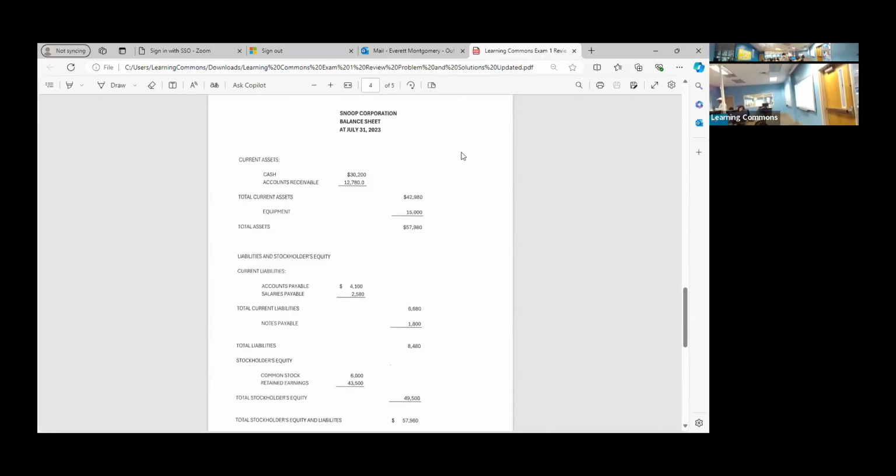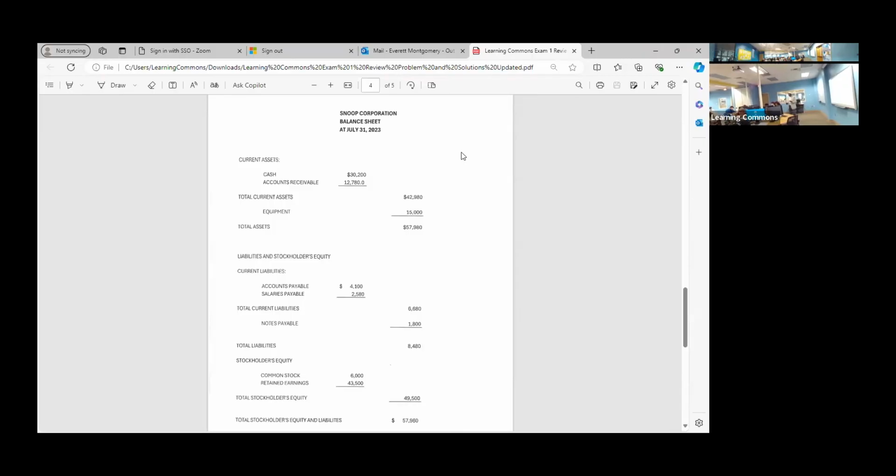It's current because it should be paid within 12 months. That's the difference between current and non-current, or long-term. If we had supplies, that would go up under there too. You'll have more current assets that show up in later chapters.